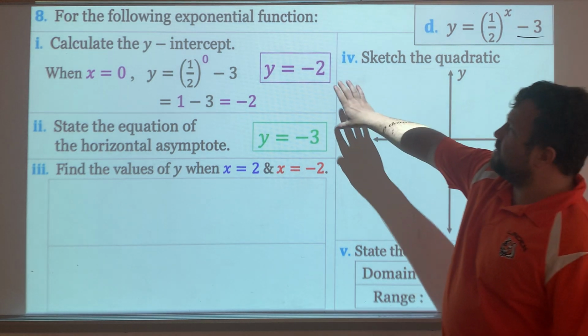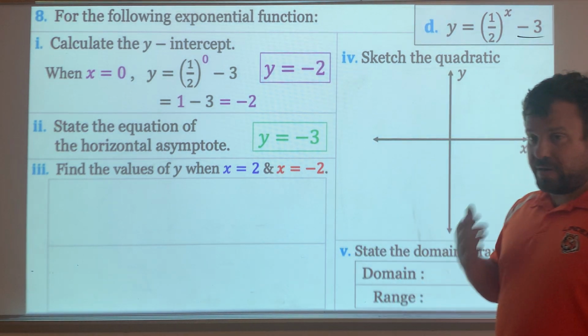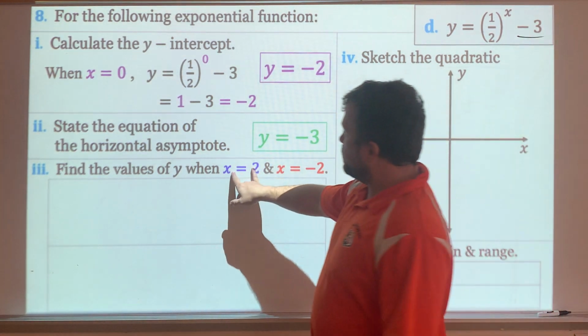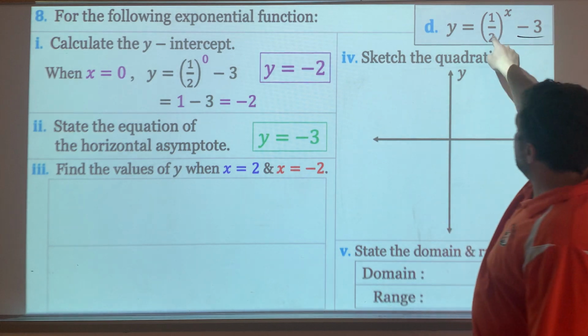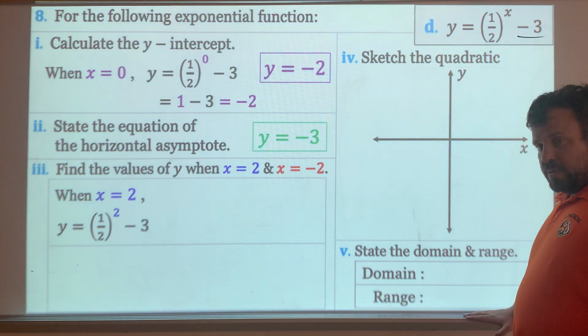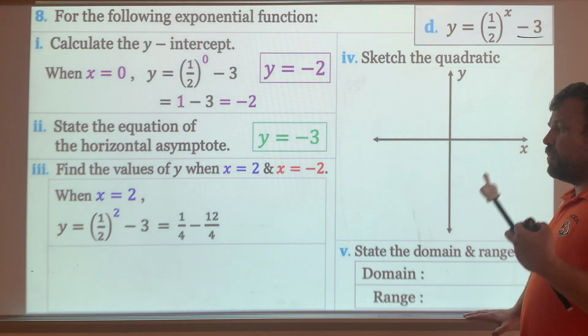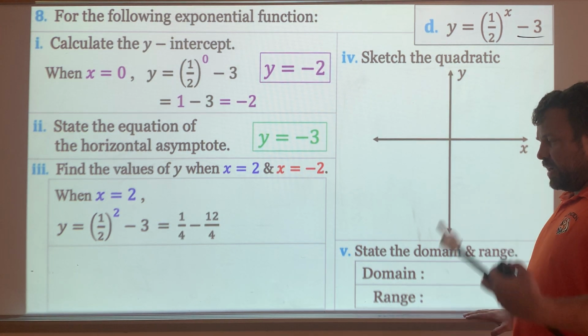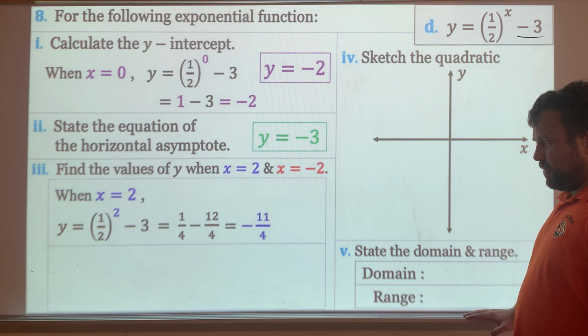Right now, by just using these two, you can pretty much figure out what your graph's going to look like. But it's just always good to take your 2 points. When x equals 2, 1/2 squared minus 3. 1 squared is 1, 2 squared is 4, so it's 1/4 minus 3, or 1/4 minus 12 over 4, which is -11 over 4.